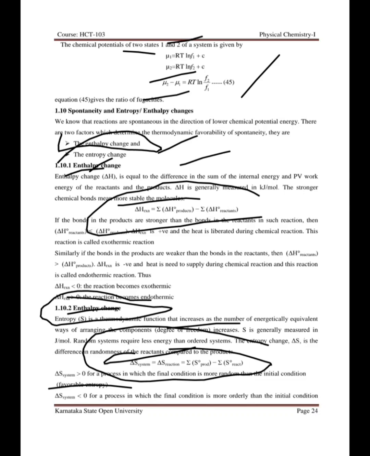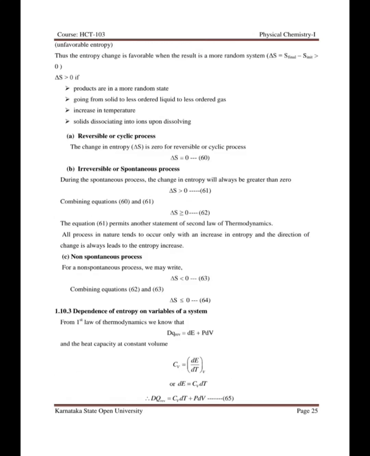So next is with respect to entropy. If delta S is greater than 0, the products are more in the random state. So the formation of the product will be in the random state.